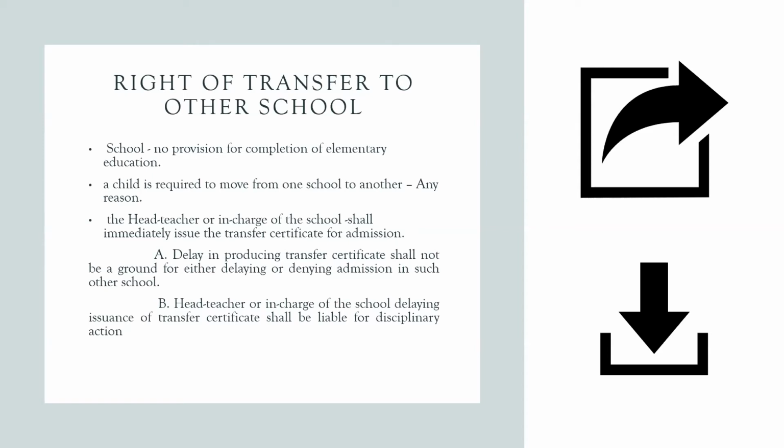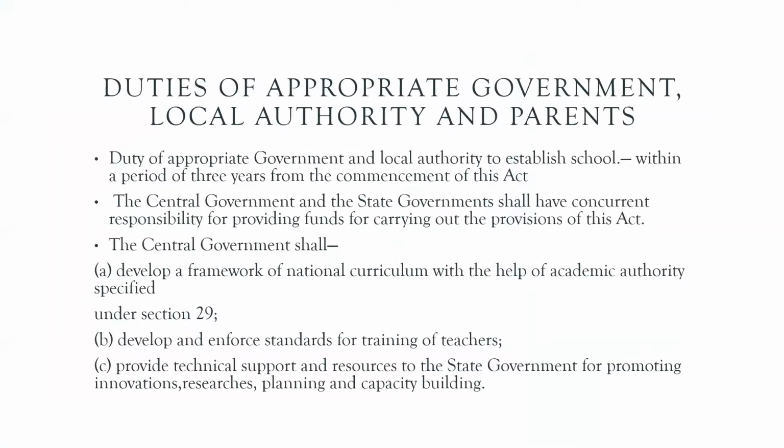Okay, so please know that it is very important that we ensure that the right to transfer to any other school is not being stopped for any reasons. Something else that we should know is, as I mentioned in my previous slides, there are some duties that are levied upon certain people.